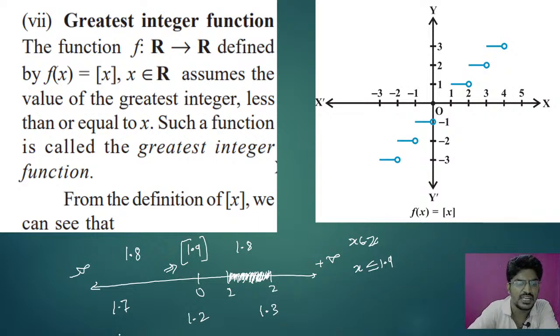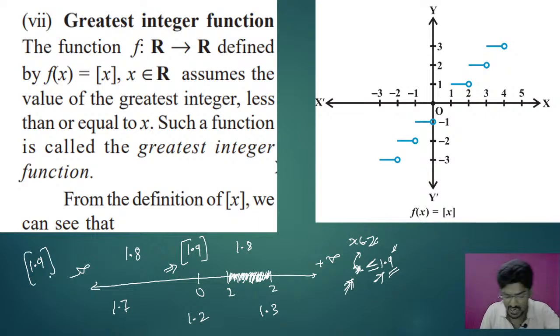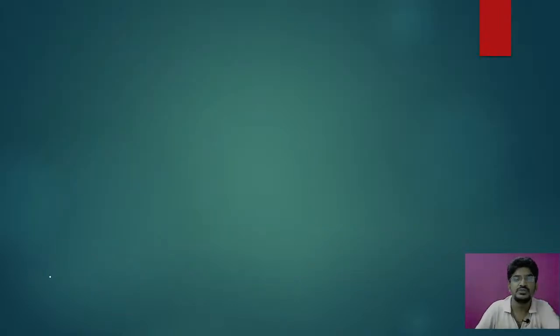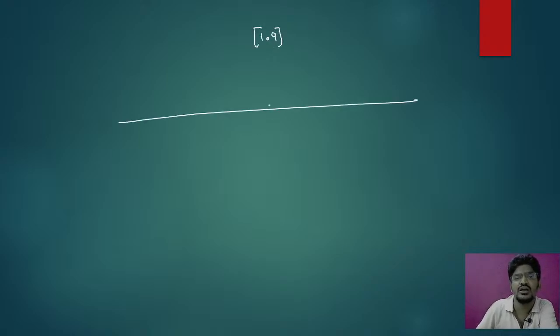That means see here, the greatest integer which is lesser than or equal to 1.9, that is called the greatest integer of 1.9. Please understand this. If I want to find the greatest integer of 1.9, what do you have to check? This is 0, this is 1, this is 2. This is 1.9.